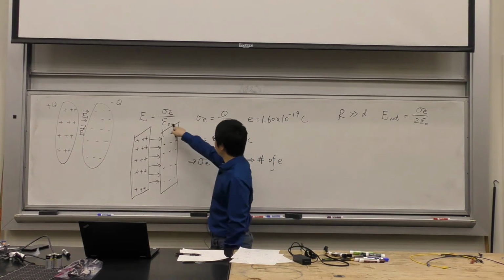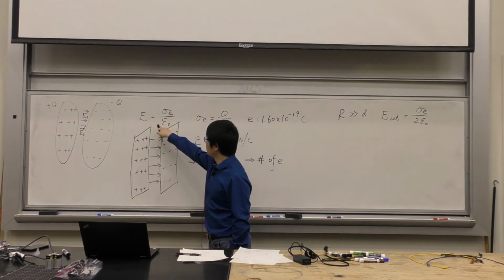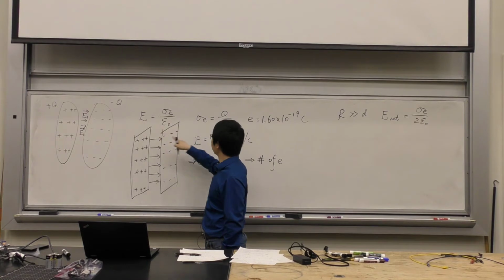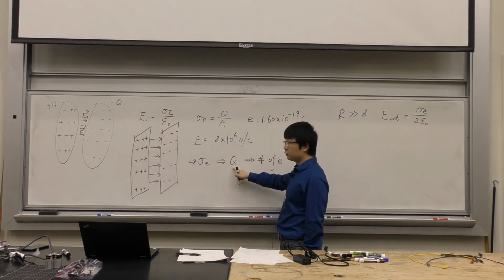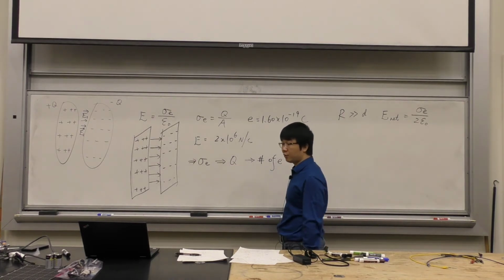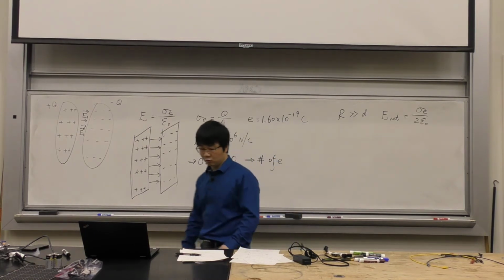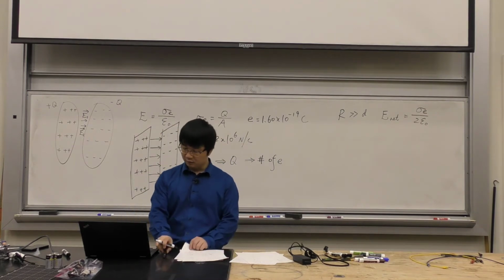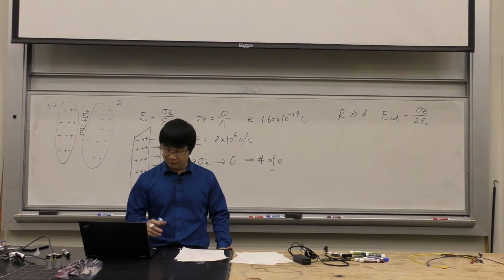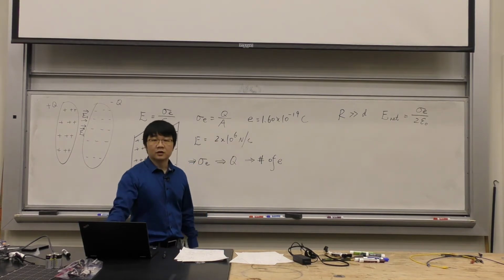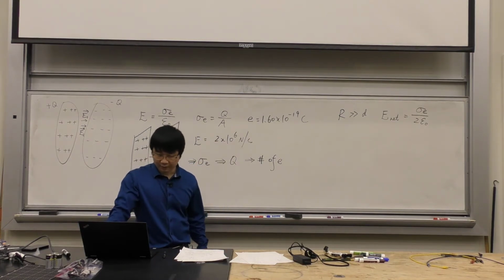You're going to first use this equation for the parallel plate and the definition of sigma to find the charge, and then you don't stop there. If the problem asks how much charge each plate needs to have, that's your answer. But if it asks how many electrons you need to move from one plate to the other, there's one more step. So for this question, you can pause the video, do the algebra, and then compare your answer with mine.